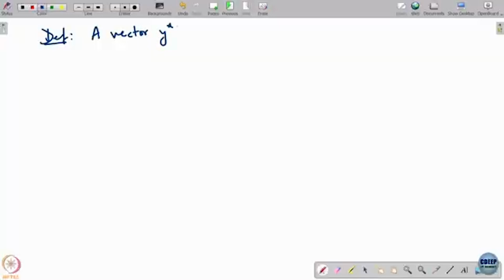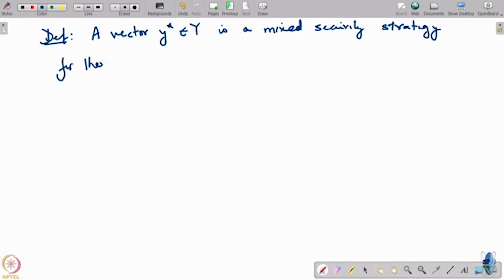So a vector y star in capital Y is a mixed security strategy for the row player if, look at his payoff, look at the worst case damage that the column player could do to him.